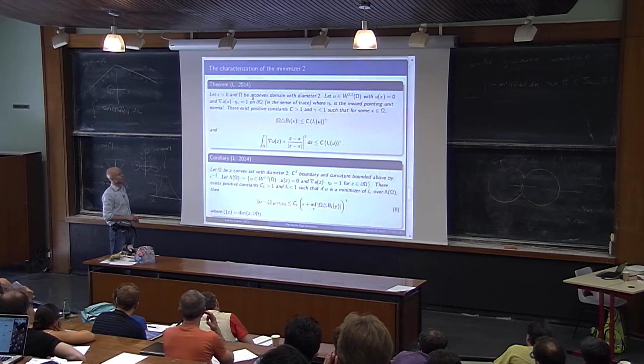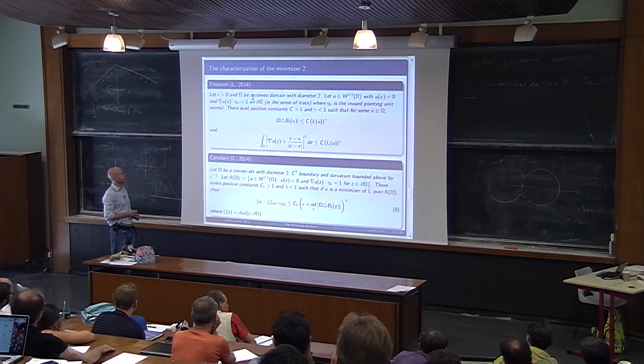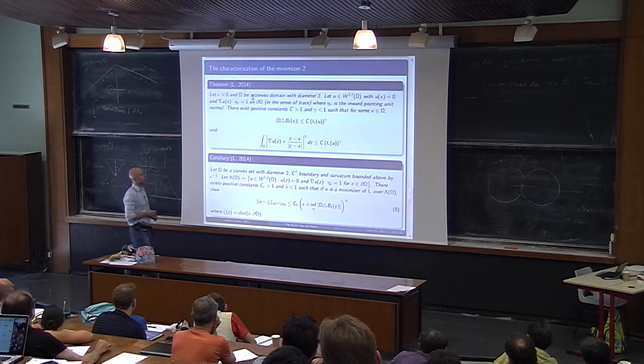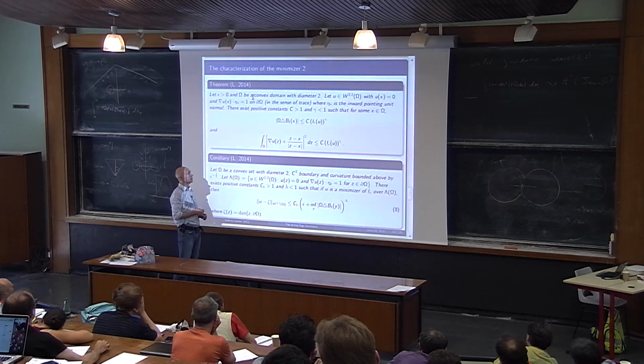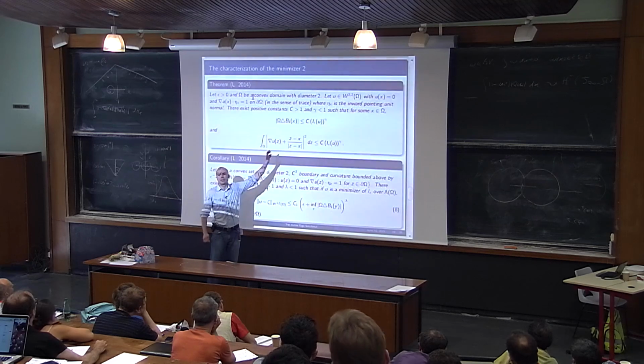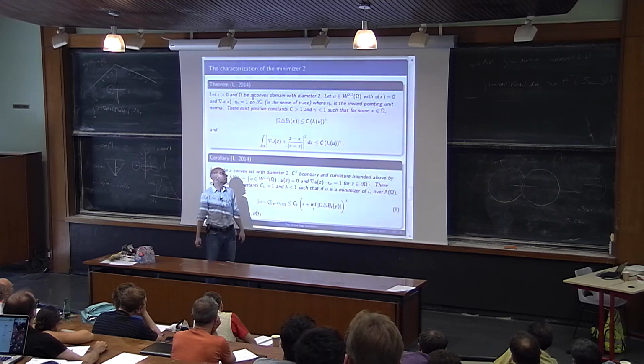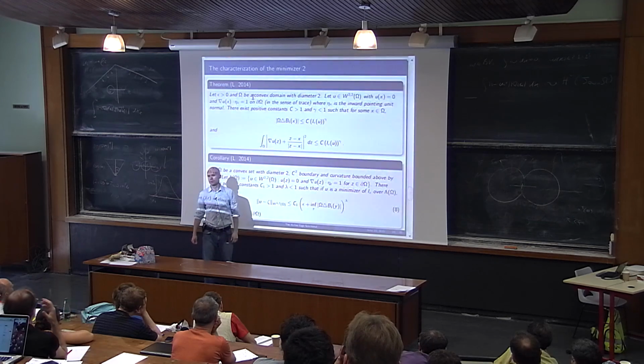But here's the theorem. So we have W^{2,2}. We have a slightly more general boundary condition. And there exist a positive constant C and a constant gamma less than 1, such that if you have some function that takes the Aviles-Giga energy to some small quantity, then that small quantity controls how far away your original domain was from being a ball. Okay?